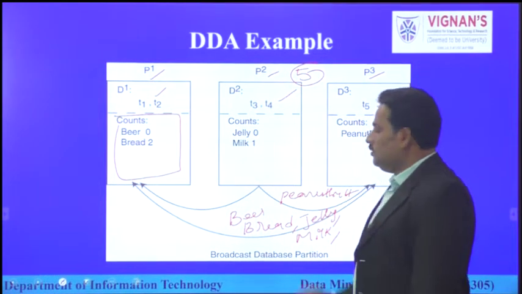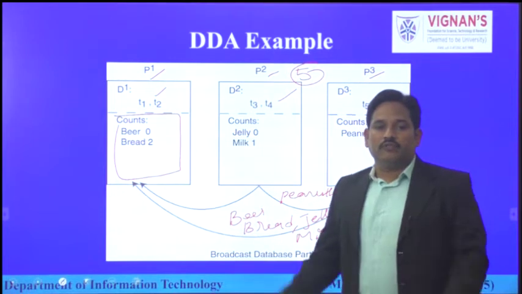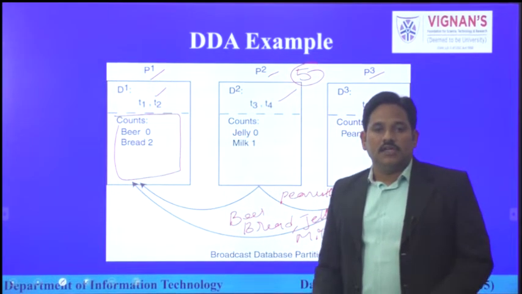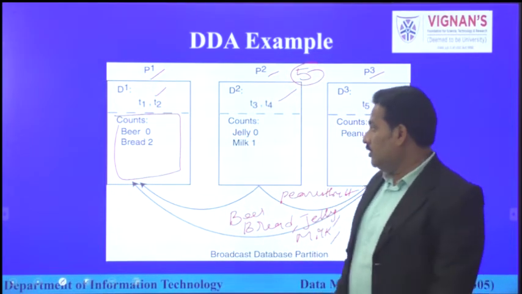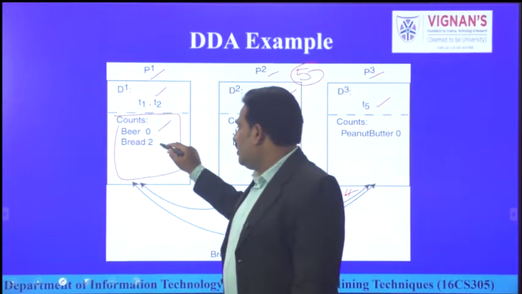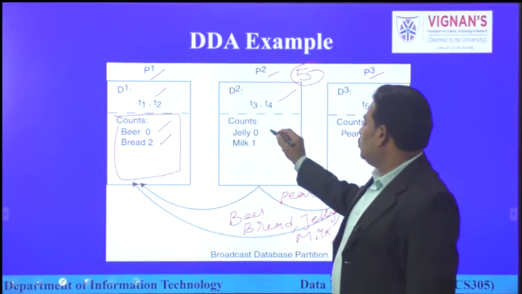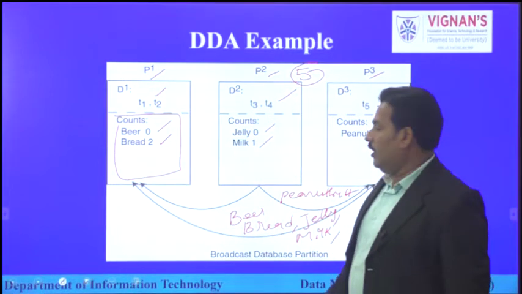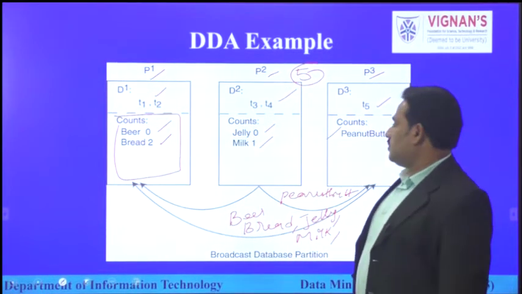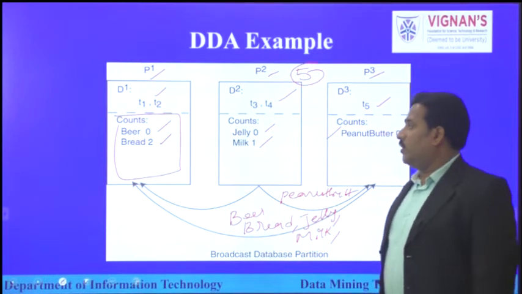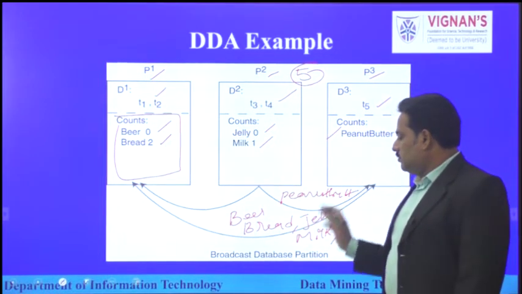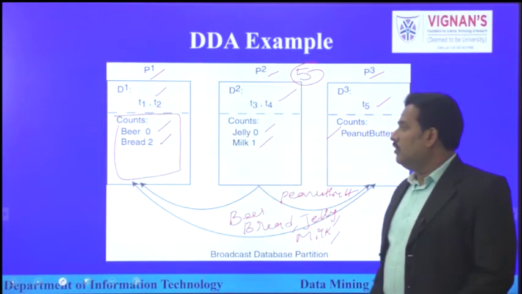Now what we have done, instead of using all the 5 items in all the transactions, is that items have been distributed. In the first 2 transactions we take beer and bread. In the second 2 transactions we consider only jelly and milk. In the last transaction we focus on peanut butter, and this is communicated to the database partitioning.